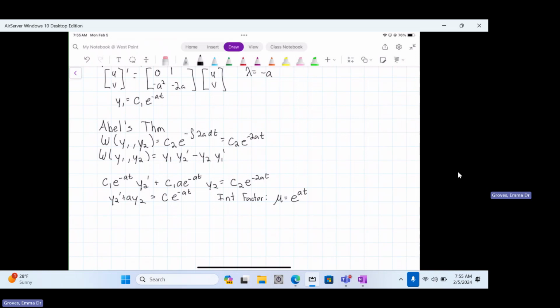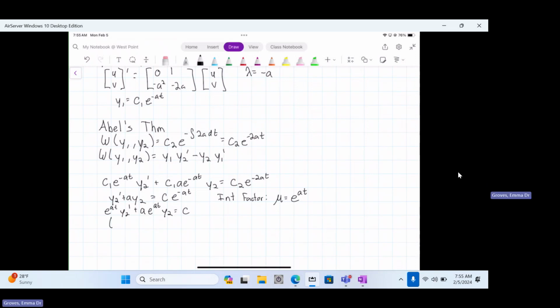So if I multiply everything through by e to the at, I know I just got rid of a negative e, or e to the negative at, so it seems a little counterintuitive, but we need the right signs working for us, right? So I've got e to the at y2 prime plus a e to the at y2 equals just c, because e to the negative at times e to the positive at, those are just going to give me 1.